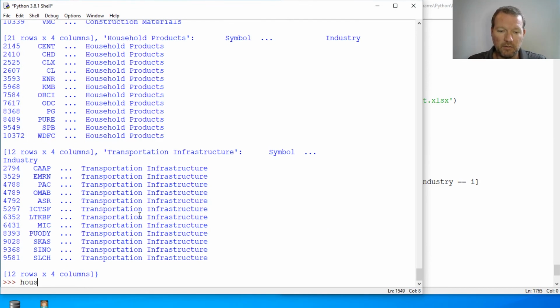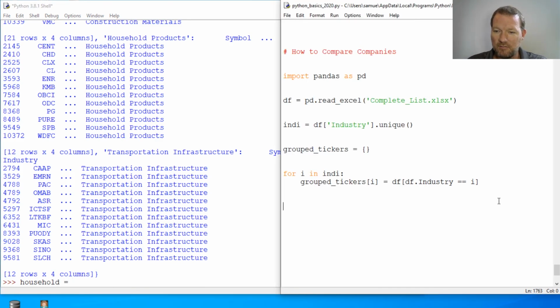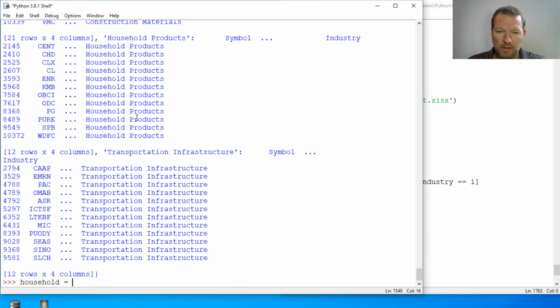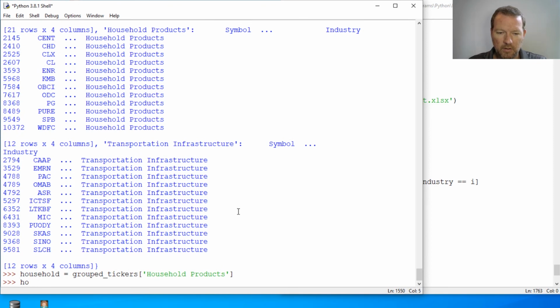So we're going to create household, if I can spell. So household, we're going to look at, it's grouped by, then we're going to look at household products. A couple of these you'll probably know.